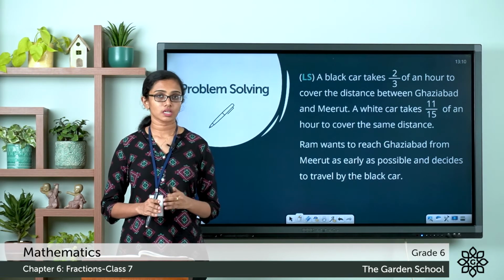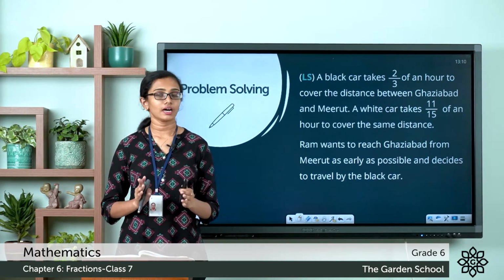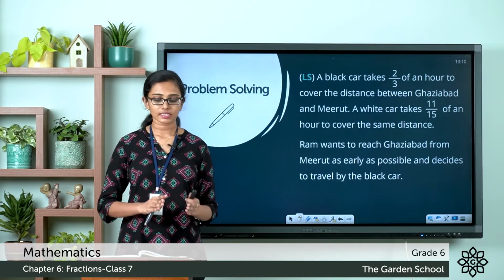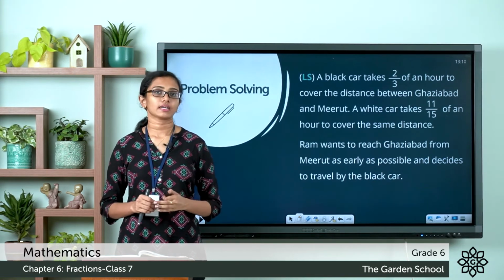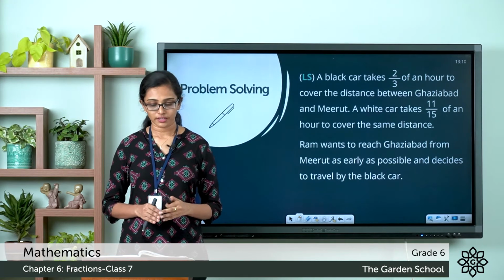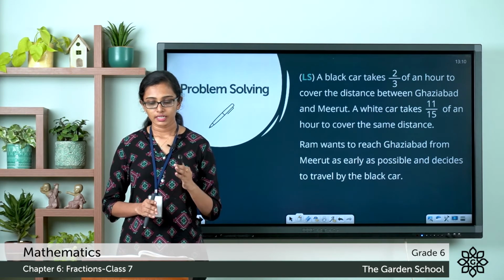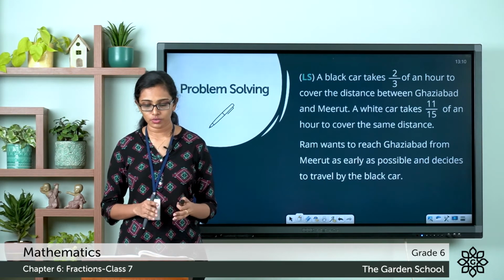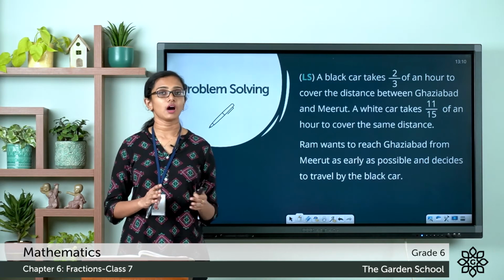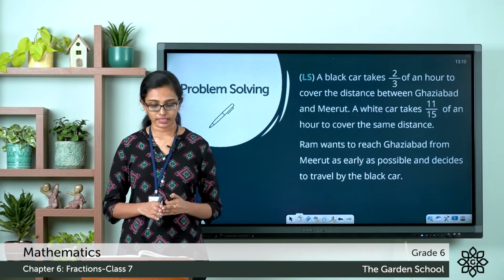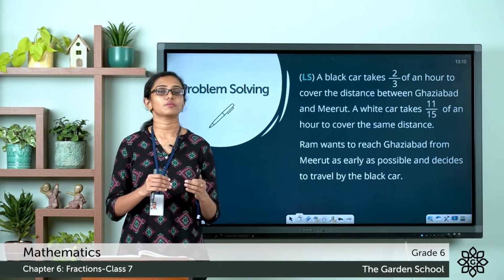Ram wants to reach Ghaziabad from Meerut as early as possible and decides to travel by the black car. You need to find out which car takes less time to cover the above set distance and by how much. And you also need to write down what kind of skills you can predict in Ram.